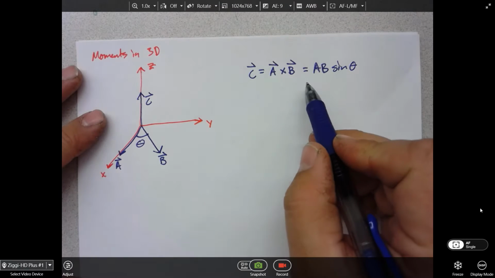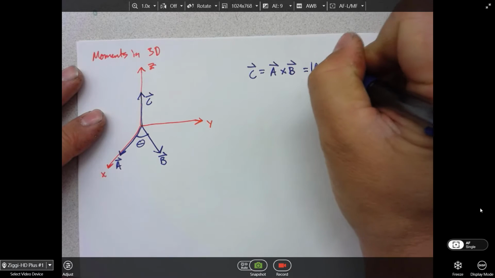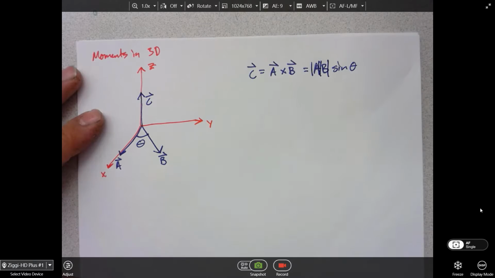Those are the magnitudes, so the absolute values of A and B. Unlike the dot product, this is not super easy to compute.